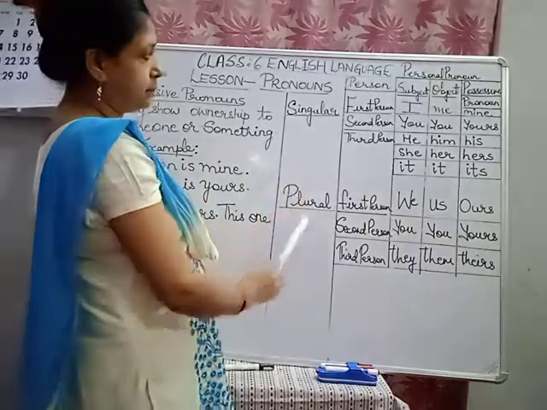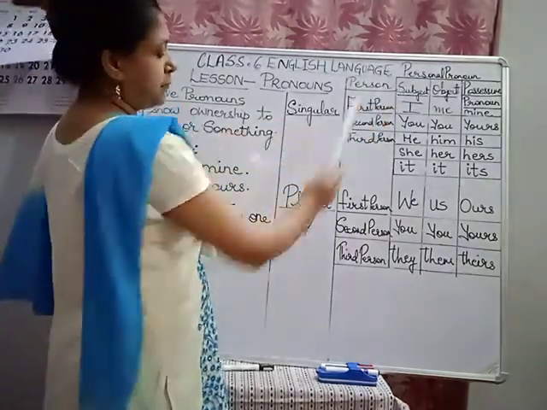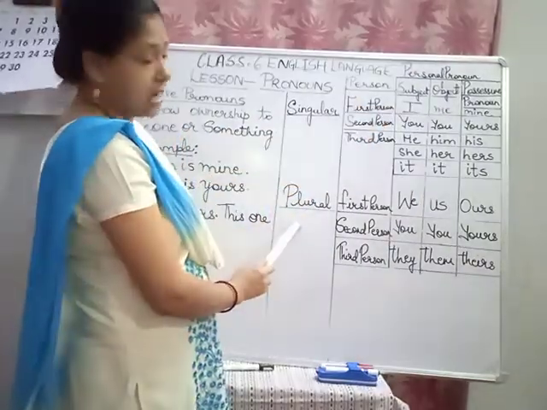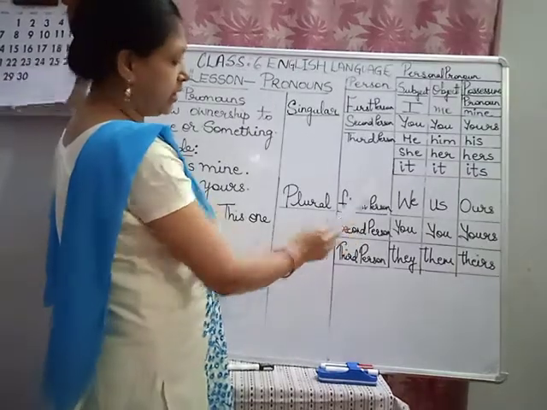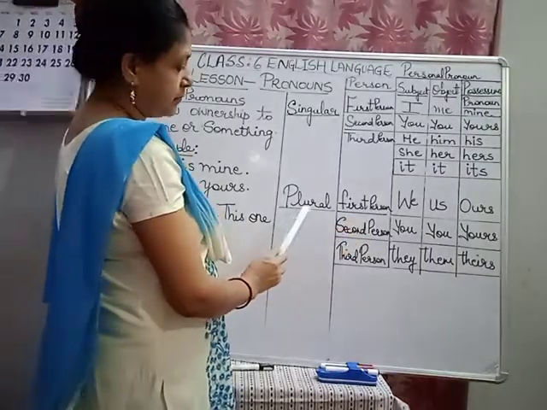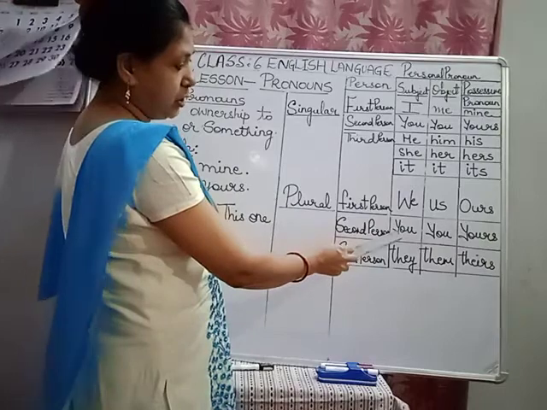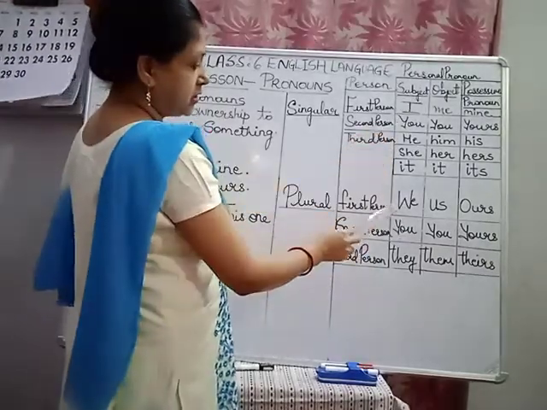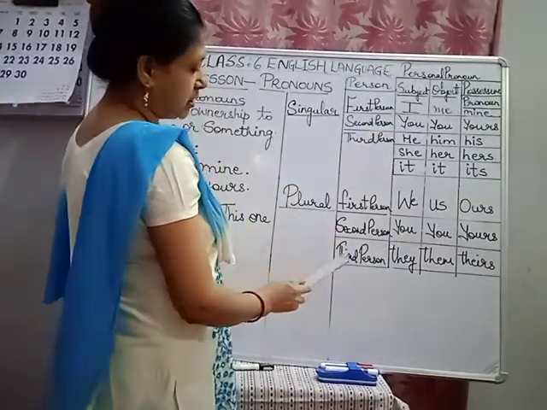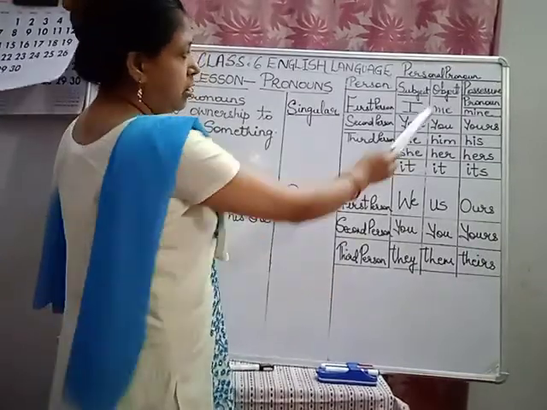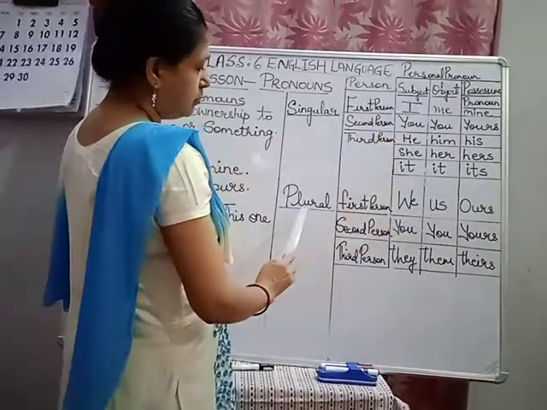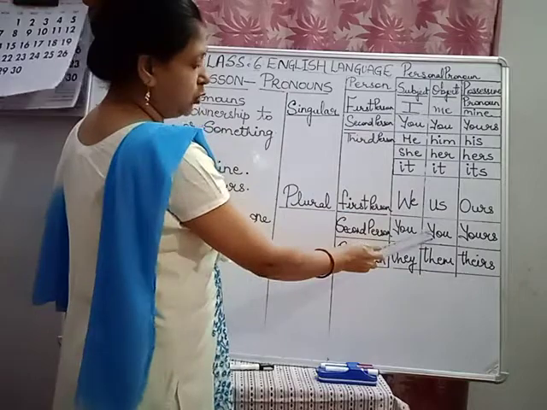Plural, children. We did personal pronouns in the previous class. First person plural is we. Second person plural is you. Third person plural is they. Plural object: us. Plural object: you.